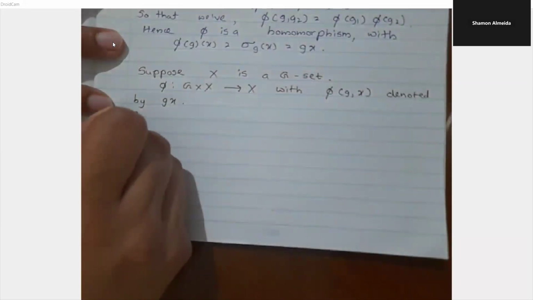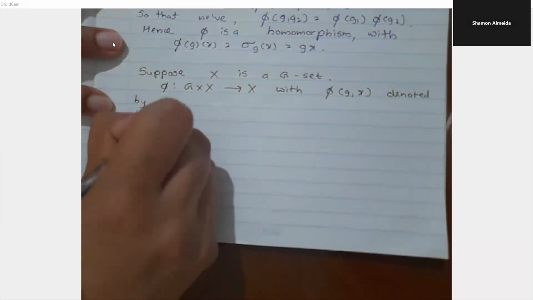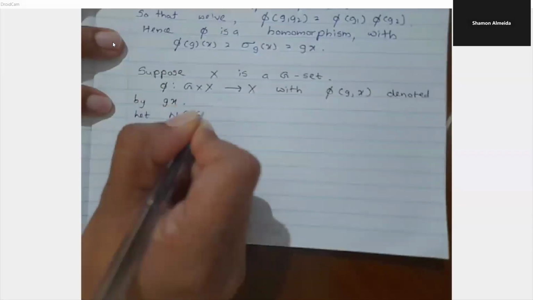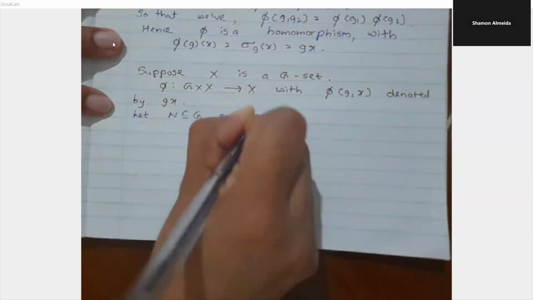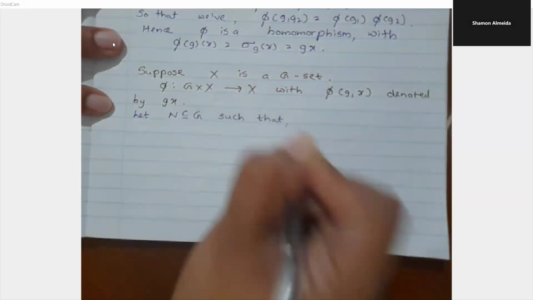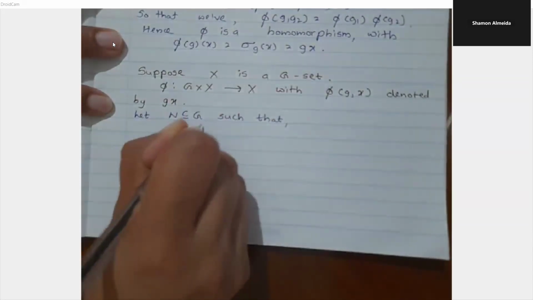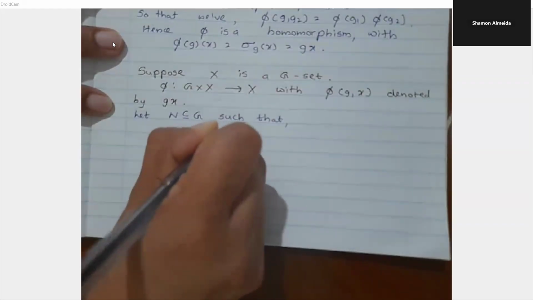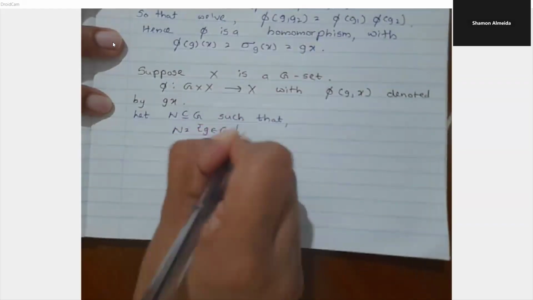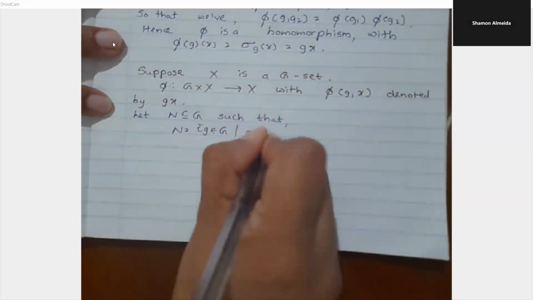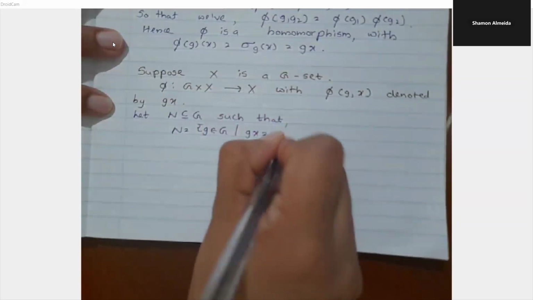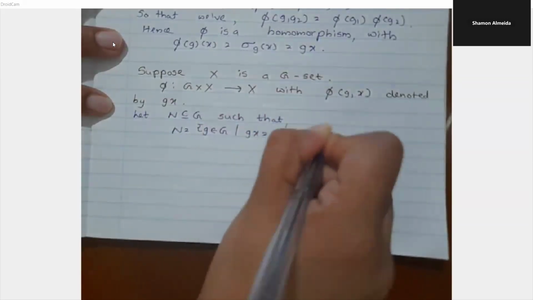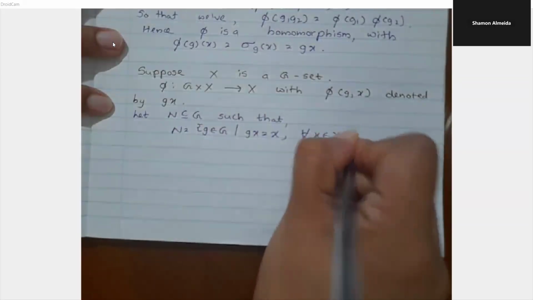Now, consider a subset of G. Let's take N to be the set of elements in G where Gx is equal to x for all x in X.